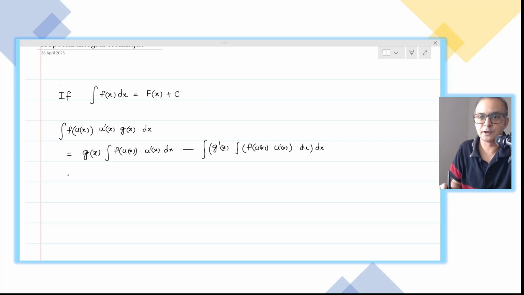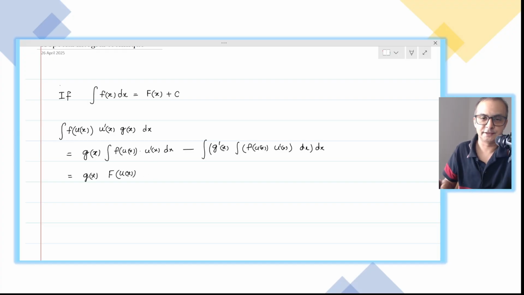But let's see how the formula comes out. You notice I have written the small function f(x) as the integral, the capital F(x). So I have this g(x), and this I can now write as capital F(u(x)).